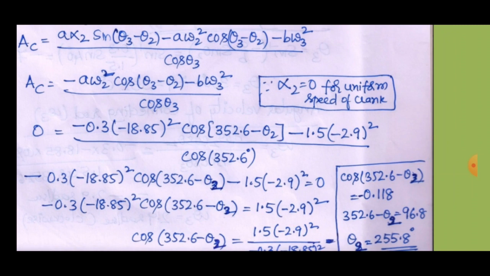This is the crank angle if at all the acceleration of the slider is 0. If the acceleration of the slider is to be 0, then the crank will be at an angle of 255.8 degrees. That is what the meaning of the problem.